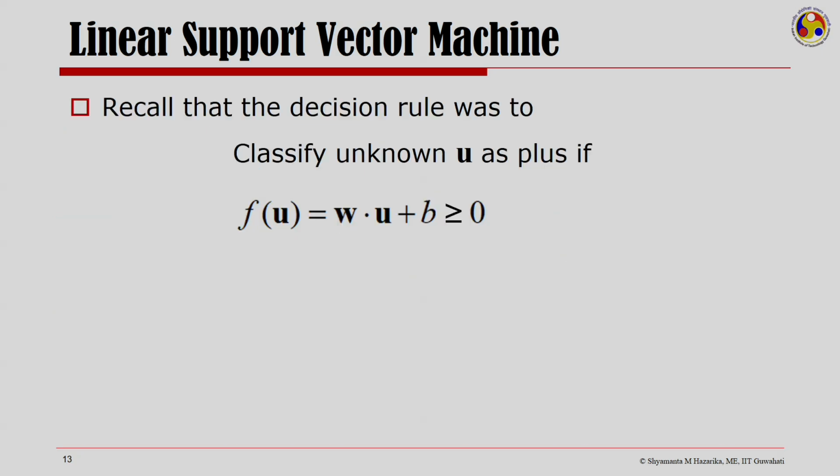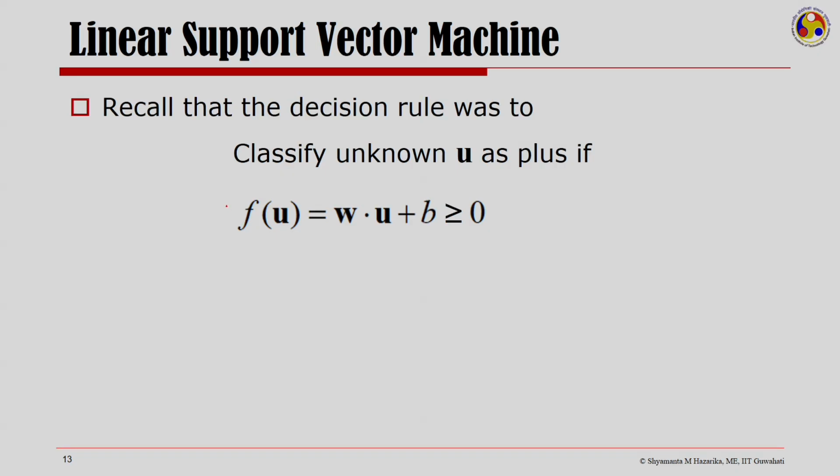Now, let us see what the decision rule is. Recall that the decision rule was to classify unknown u as plus if we had f of u equal to w dot u plus b greater than or equal to 0. We are going to plug in the value of w that we have got into this equation.